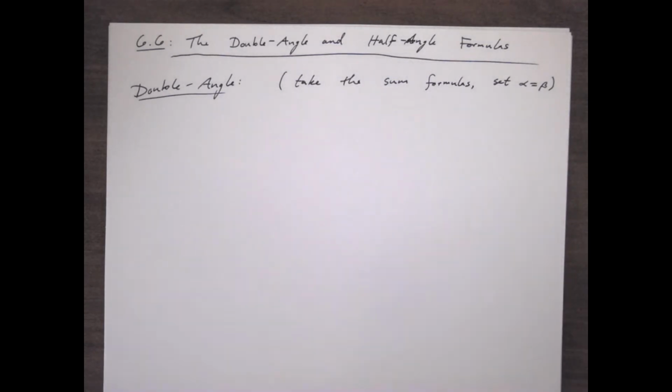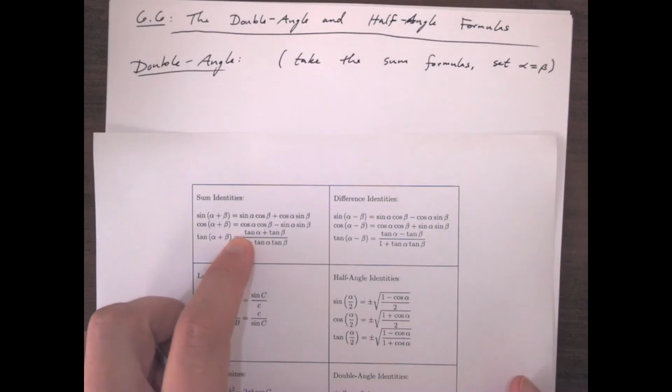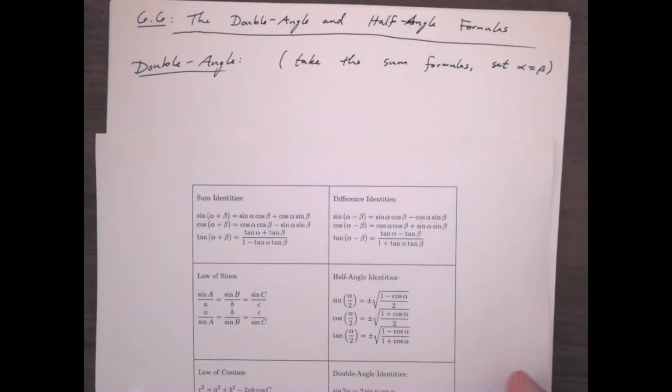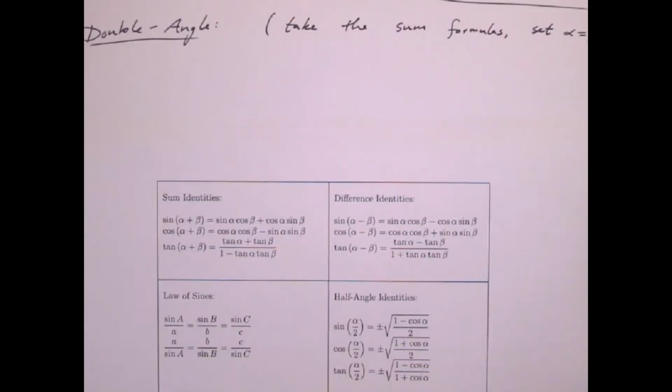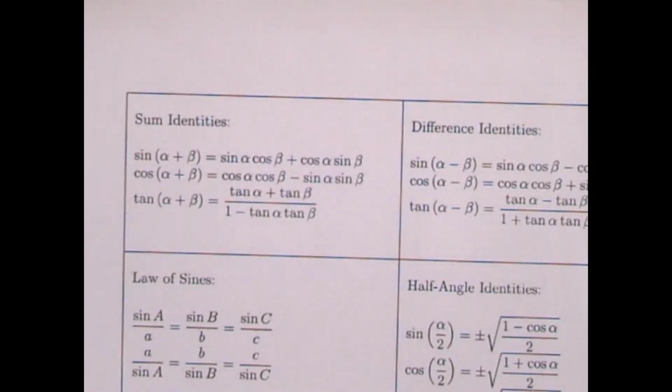All right, what would that mean? Well, let's find our handy sheet of identities here and take a look. So for sine, if alpha and beta become the same thing, then sine alpha cosine beta plus cosine alpha sine beta would be two copies of the same term.